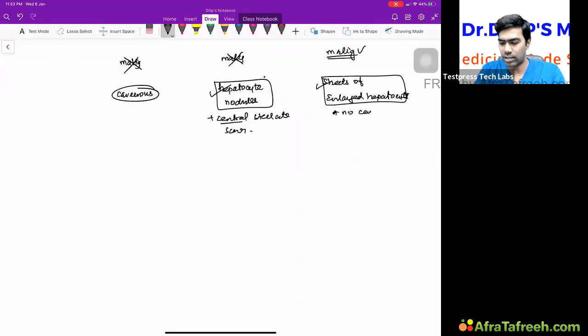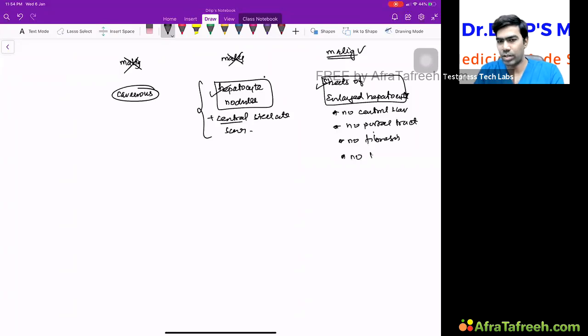There will be no central scar, number one. In FNH, I told you, there will be portal tracts, abnormal Kupffer cells, and it looks like a completely normal liver architecture. But here you will not see any portal tract, no portal triad, and no fibrosis, in the sense there is no central scar, and there will be no Kupffer cells.